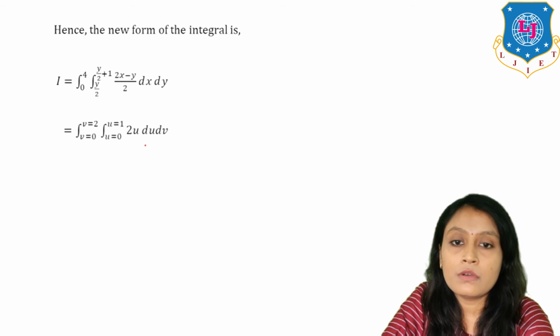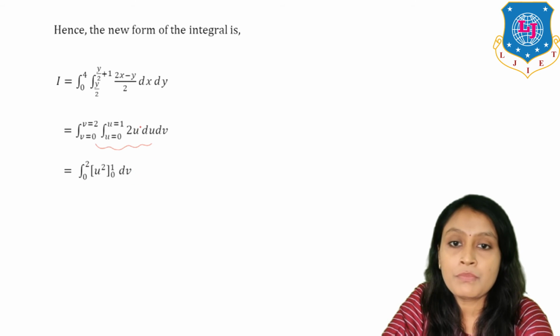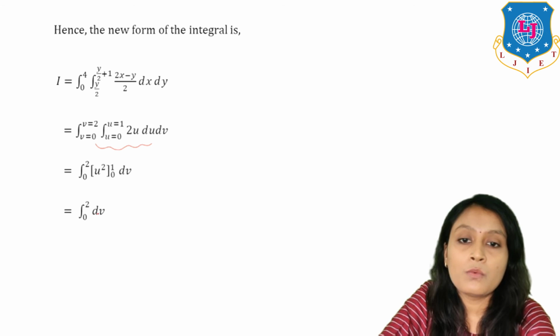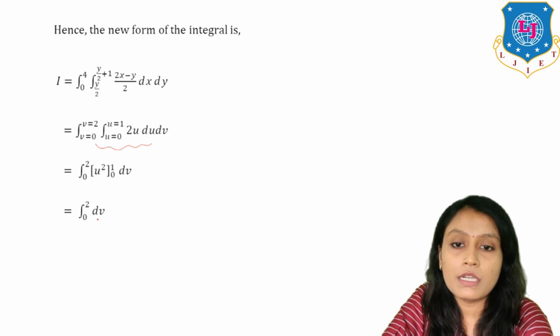Now firstly we will integrate with respect to u, so we have the integration 0 to 2, and this dv will remain as it is. Integration of u is u square upon 2, that 2 will get cancelled, so we have only u square, and the limits of u are 0 to 1. Now substitute the limits, so you will get 1 minus 0, that is 1, dv.